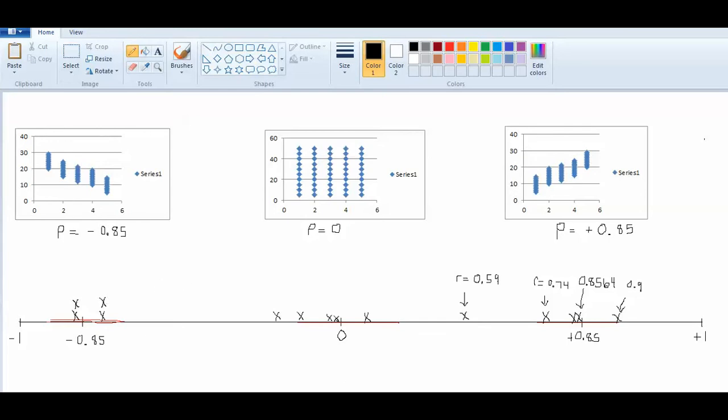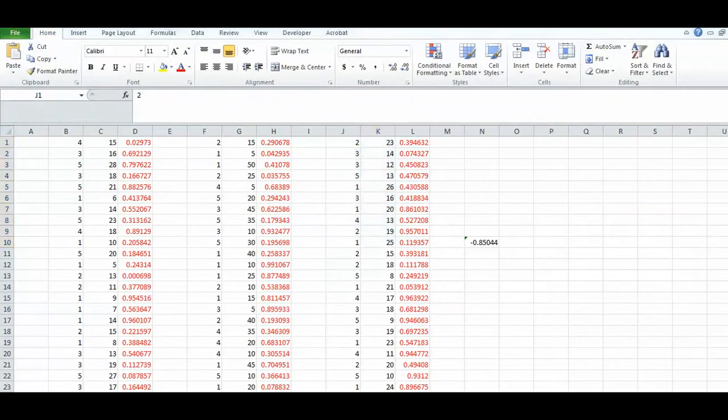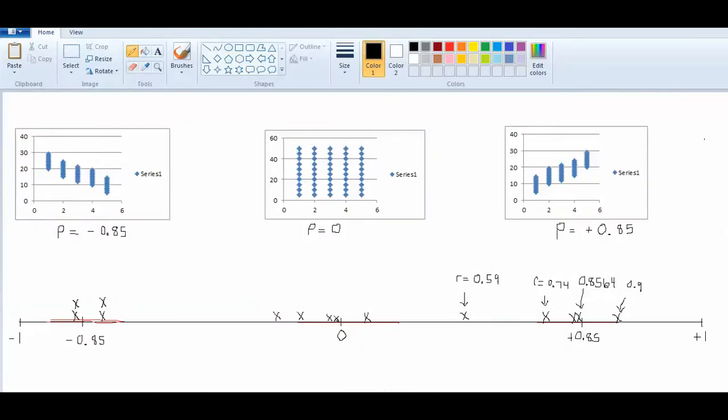Oh wait, I'm sorry. Negative 0.85 is the population correlation coefficient. So the sample correlation coefficient came out to pretty much the same number as the population correlation coefficient. It's right there. We need one more.